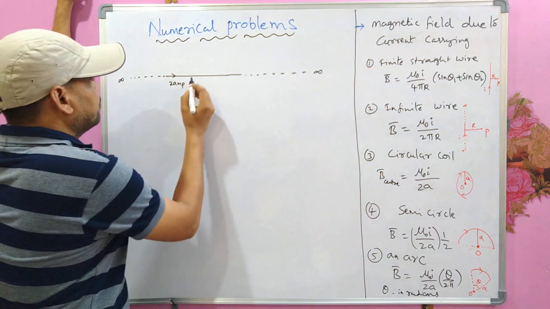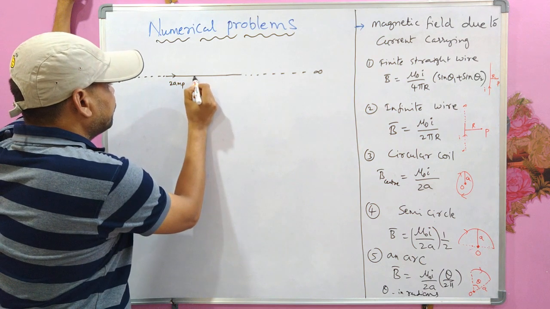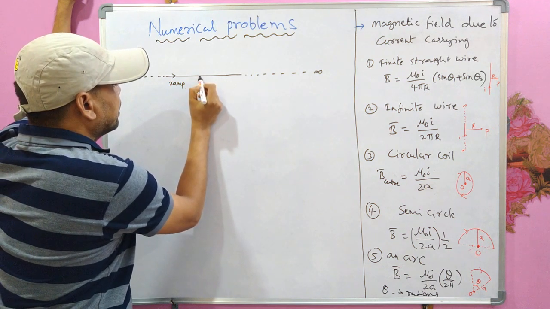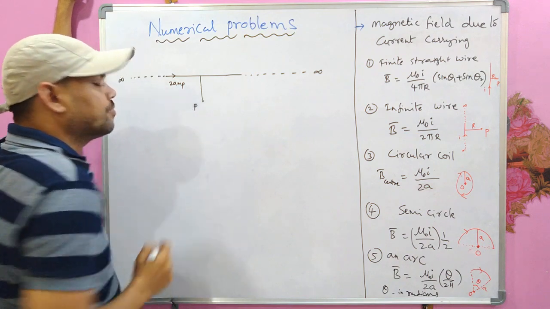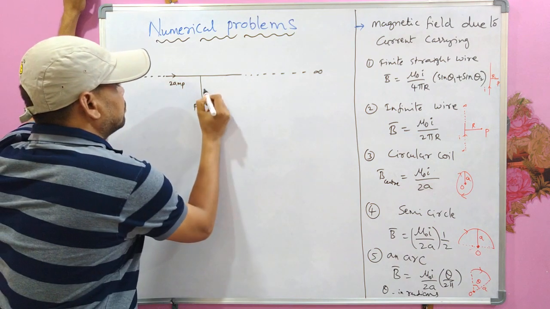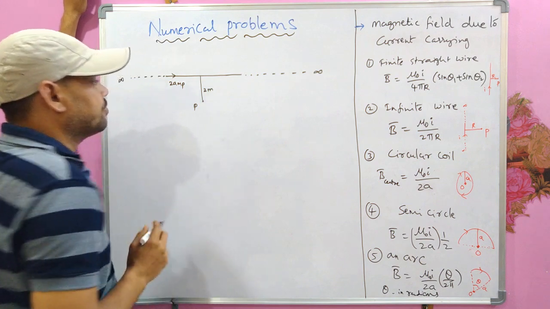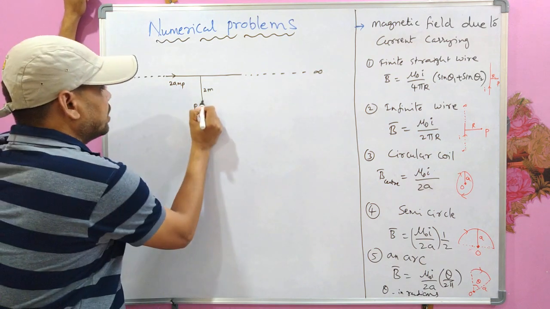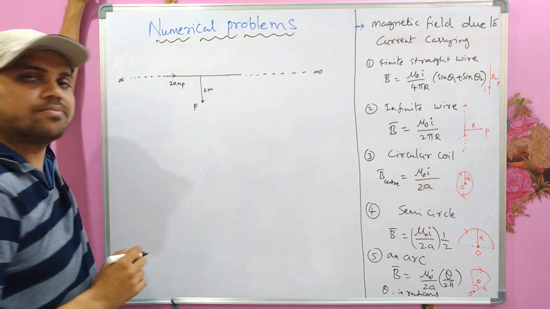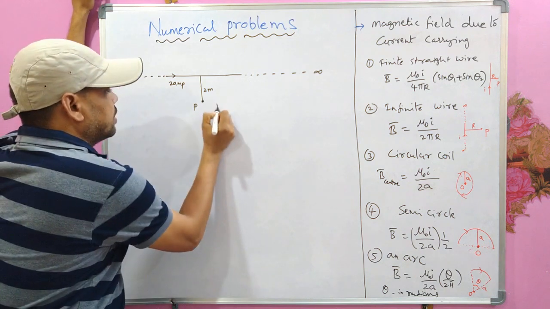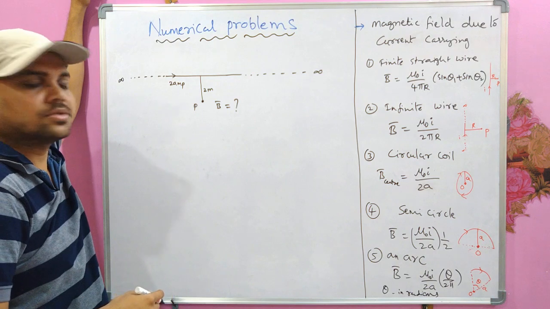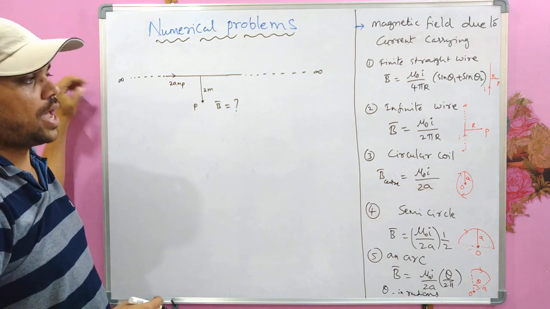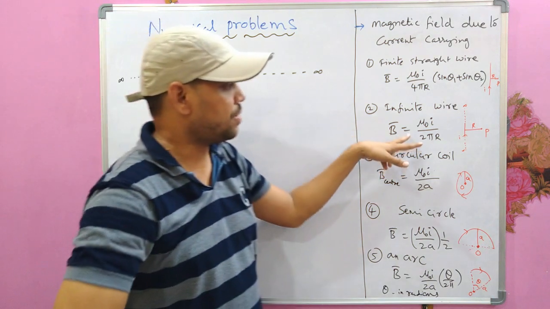Okay, so I would like to find out the magnetic field at a point P, which is some 2 meters away from it. So I would like to find out the magnetic field here. What is B bar? So for this, I am going to make use of this formula.